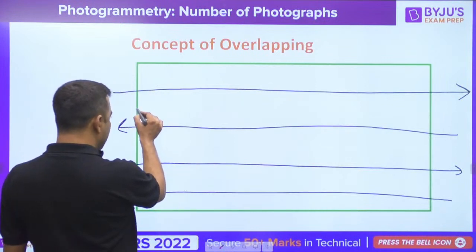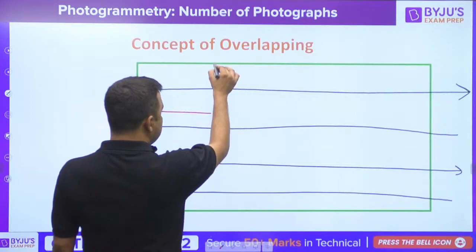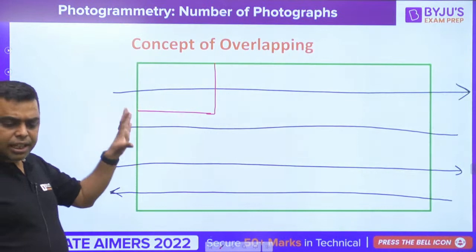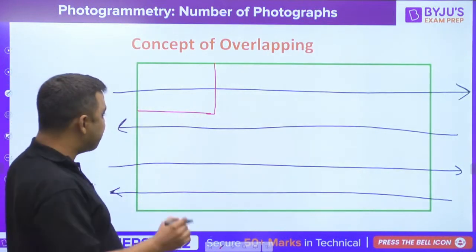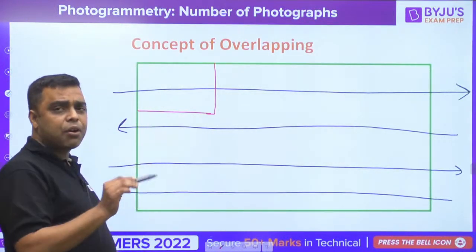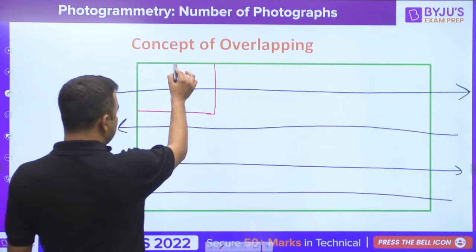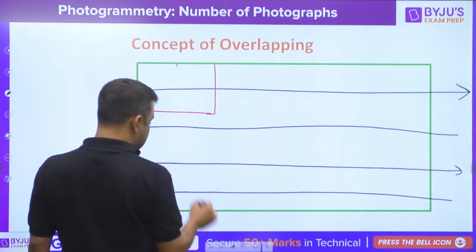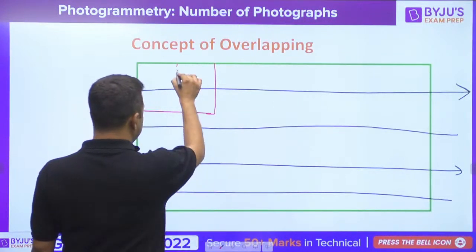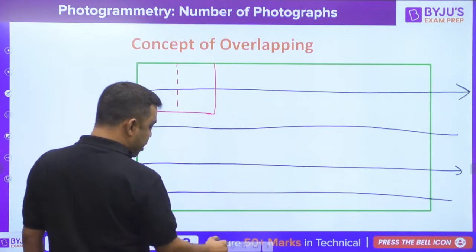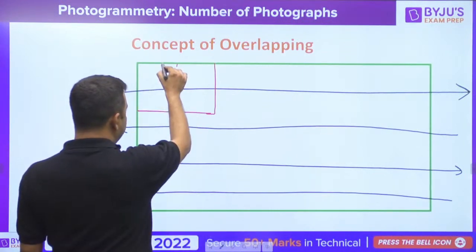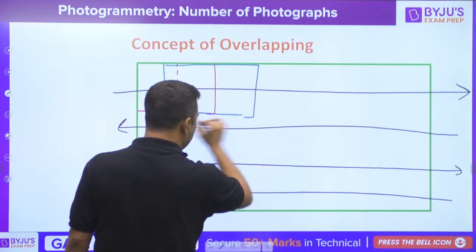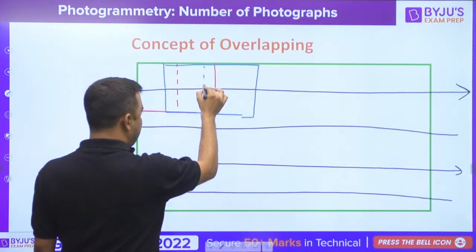So just try to understand over here guys. Basically, let us say this is my first photograph. Right? Let us say this is my first photograph, and after that when I take the second photograph, we make sure that basically if this is the center line, then while taking the next photograph, we try to make sure that there is certain overlapping between the two consecutive photographs, right?